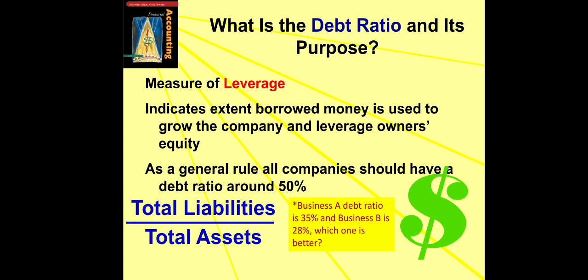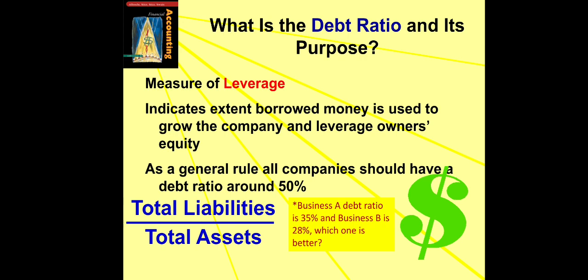Okay, let's see the small yellow box here, and how it works. Let's say you have calculated the debt ratio for two businesses. Business A's debt ratio is 35% and business B's is 28%. So which one is better?